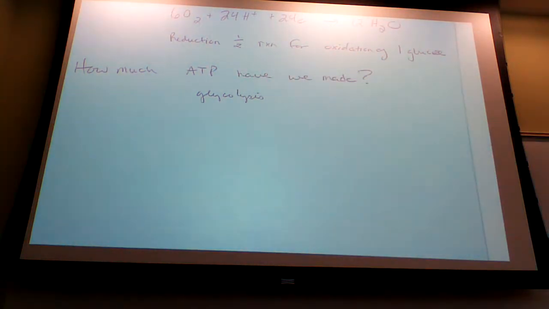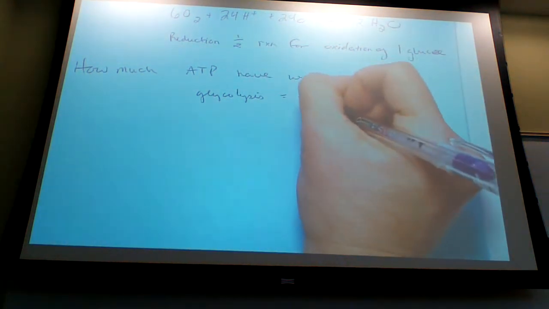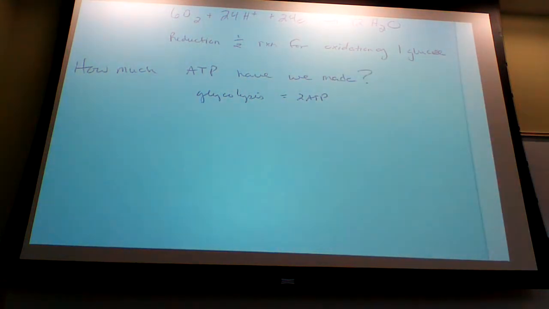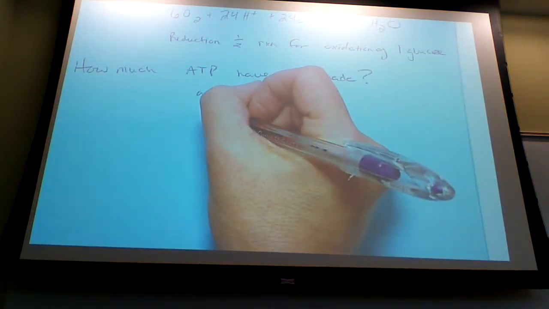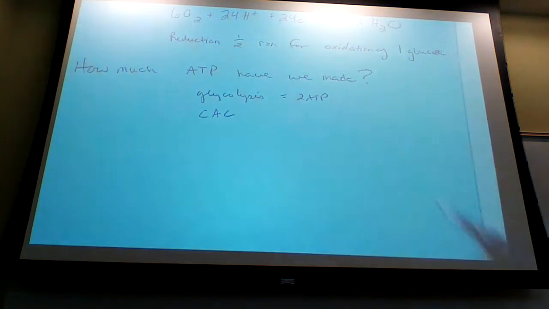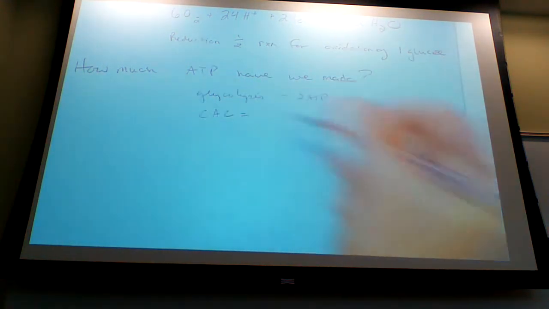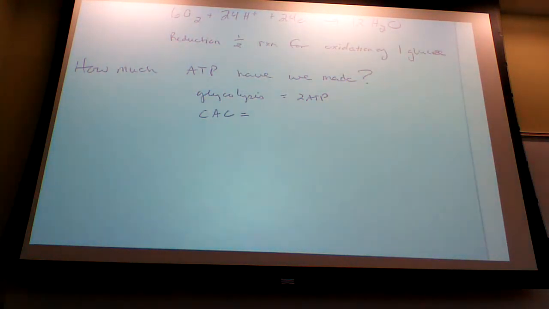It's 1 glucose? 2. How much ATP did we make in the citric acid cycle for 1 glucose? Including equivalents? Nope, no equivalents. Well, okay. ATP, you may count as an equivalent. 2.